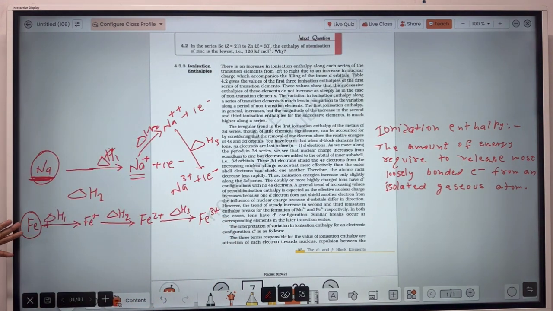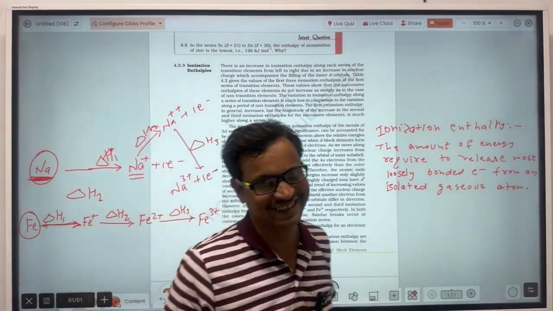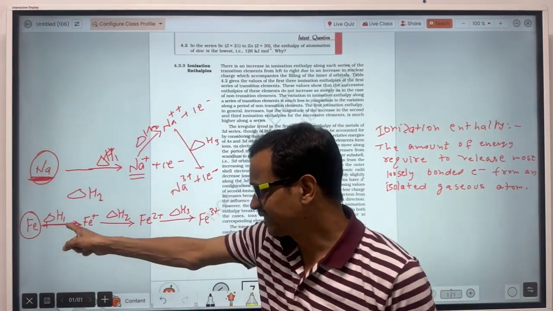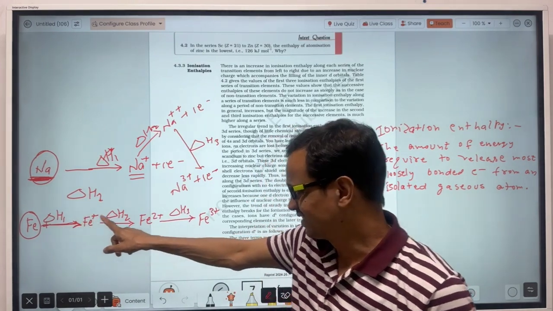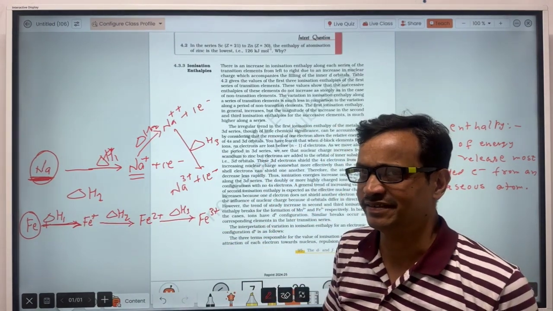So this is first ionization enthalpy, second ionization enthalpy, and third ionization enthalpy. Guys, you have to remember that ΔH1 will be least, then ΔH2, and then ΔH3.